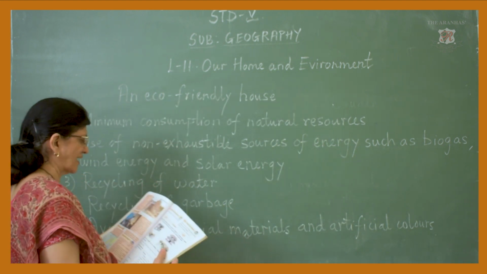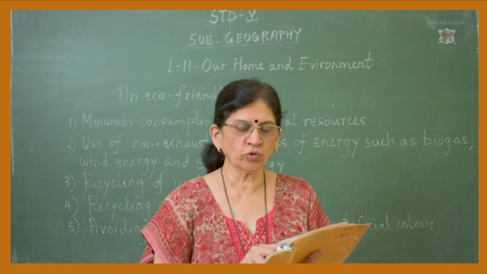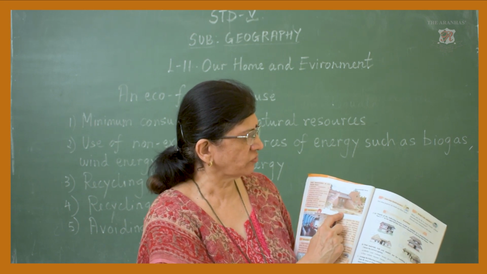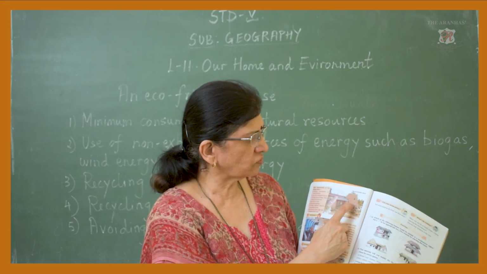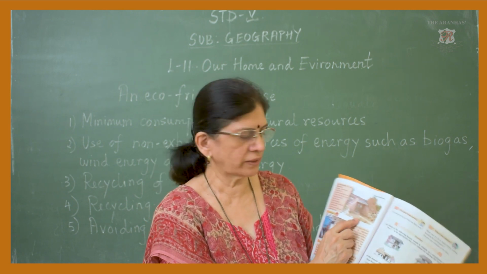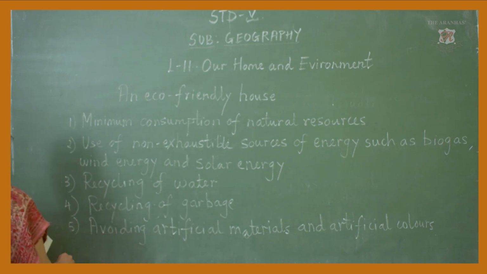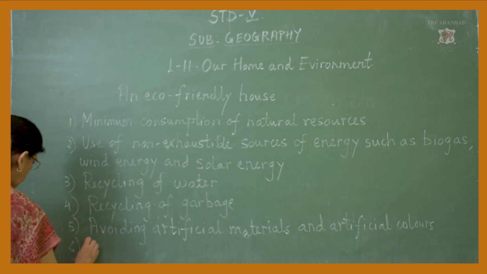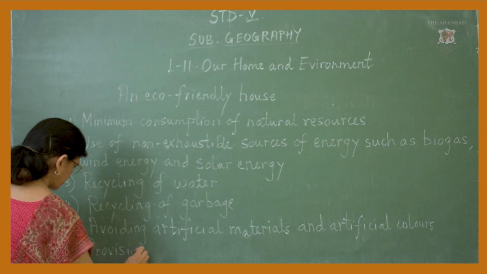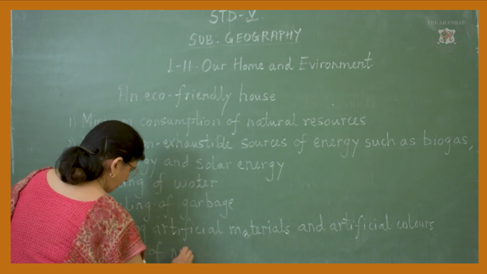Then provision of natural light and ventilation in the house. On the roof, and even at the side, you can see these windows. This is an eco-friendly house. From these windows, natural sunlight comes inside the house.